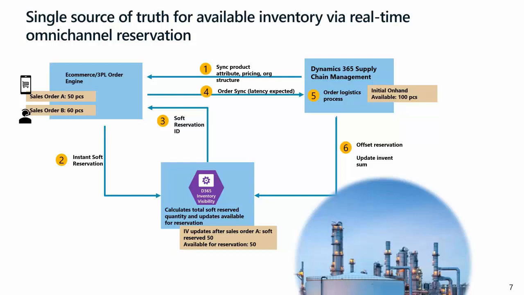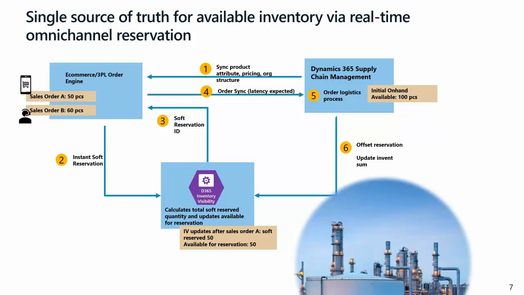And this will make later, when the orders are being synced into the ERP system with the soft reservation ID altogether, the offset process back to IV much more convenient. And the customer then syncs the soft reservation ID together with the successfully reserved order into Dynamics 365 SCM for logistics processing if needed.